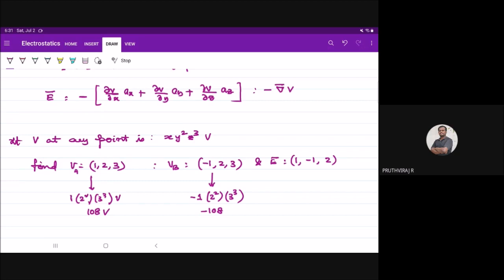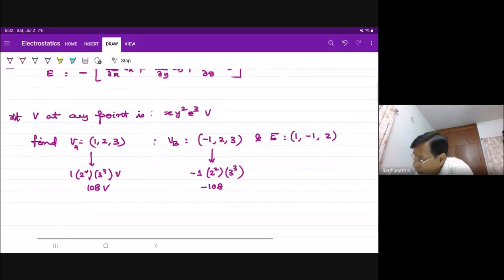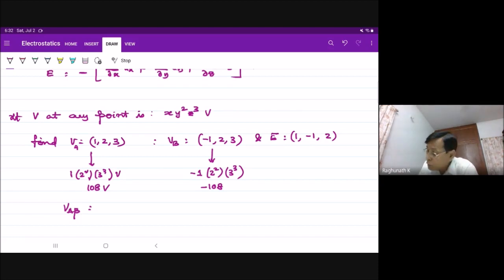Yes, sir. VA, VB are 108 and minus 108, because I took them like that. What is VAB? 216 volts, because it is VA minus VB. B is at lower potential, A is at higher potential. If I go from B to A, VAB is 216 volts, VBA is minus 216 volts.